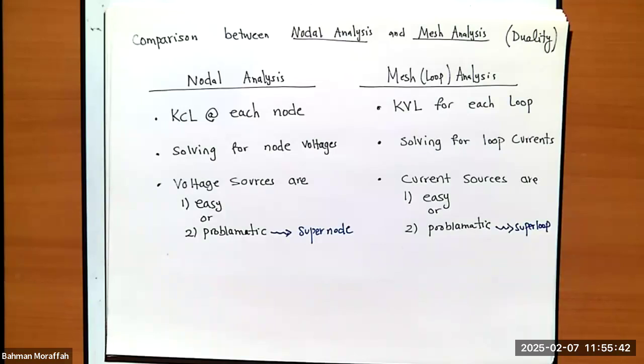However, I cannot say the same thing about mesh analysis. Mesh analysis cannot be applied to non-planar circuits. And what do I mean by non-planar? Non-planar basically means I cannot draw the circuit on a piece of paper without removing my pen. It means there are a lot of crosses going on a piece of paper, which if I draw it in 3D, there is no cross.